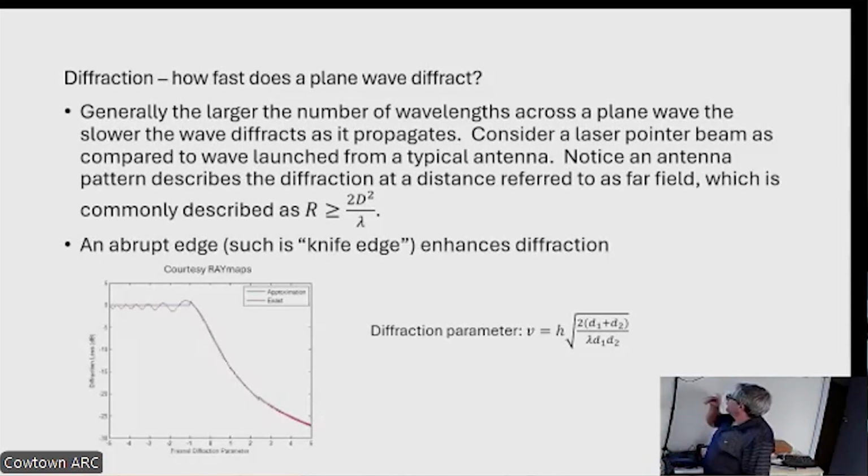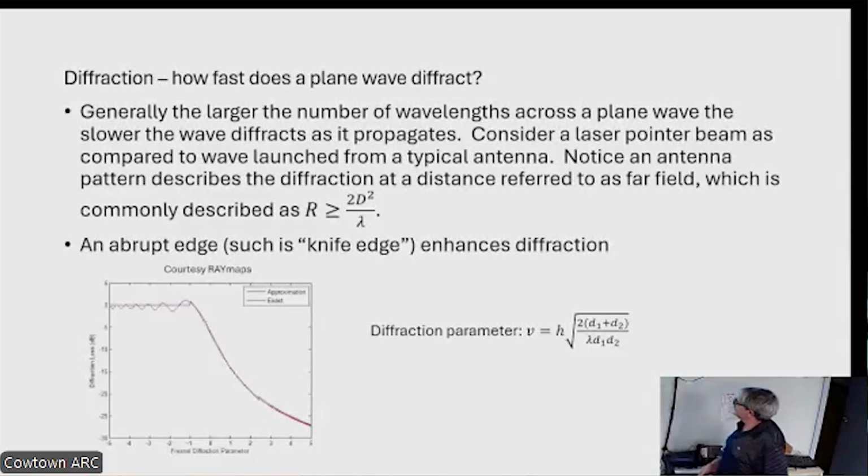So at any rate, the criterion that we normally use to describe how far away you need to be from an antenna before you can say, okay, the pattern is pretty fully formed, is given here by this equation. This is not hard and fast. It's more of a rule of thumb. If you need a well-defined pattern, for example, in terms of the depths of the nulls in your pattern, then you may need to go farther out.